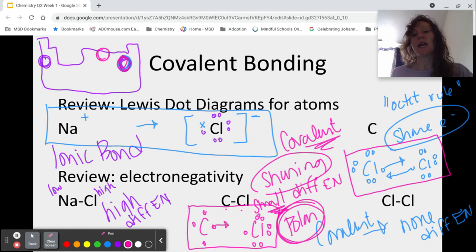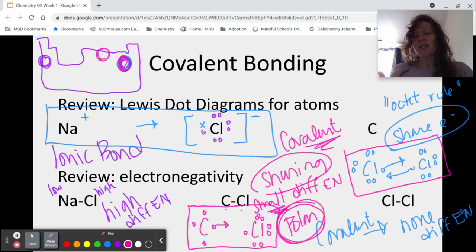Now, if you look at electronegativity on a scale, if you look at the numbers that actually represent electronegativity, you'll see there is a number value. And above this number value, it's going to be ionic. And below this number value, it's going to be covalent, right? So we can look up that number value just so you see that it exists.